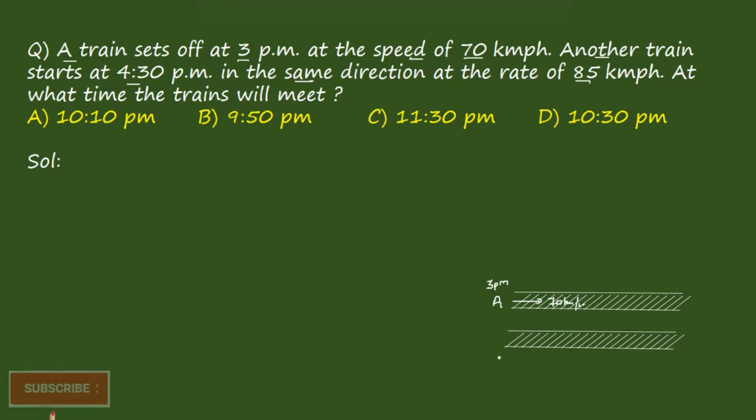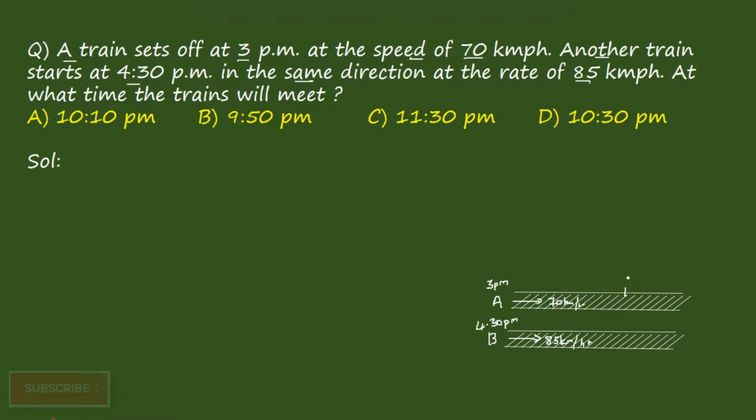So there is another train moving in the same direction, starting at 4:30 p.m. at the speed of 85 kilometers per hour. At what time will the trains meet each other? Okay, we have to find when A and B will be meeting each other.